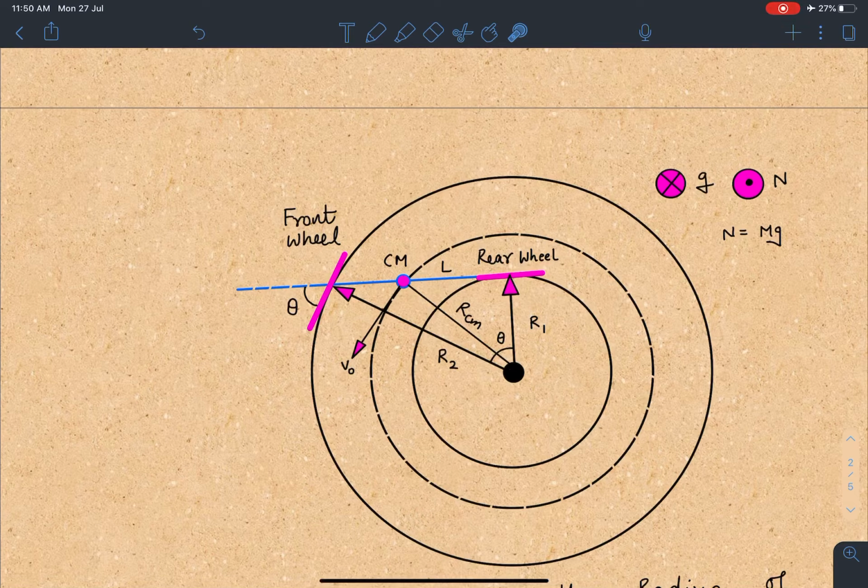The normal reaction is acting in the upward direction, mg is acting in the downward direction, so there is only the friction force which is going to rotate the center of mass of the cycle in the circle. So definitely the direction of this resultant friction force on both the wheels is going to be toward the center of it, and directly I can say it is going to be equal to mv naught square by RCM, because it's following the circular path.